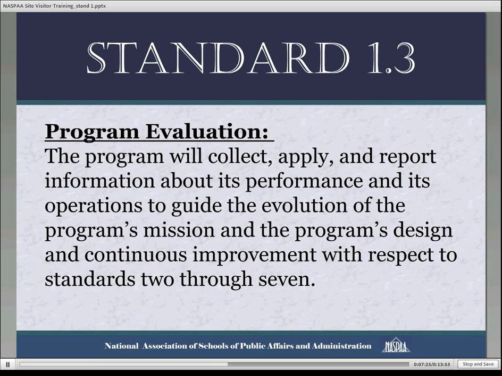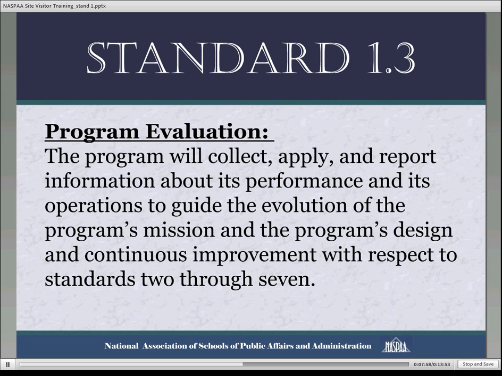Now, one of the things that's important is that you're not expecting to see in a self-study report, for example, that the program goes into excruciating detail about every improvement that it's made and the data it used to make that improvement. What you're looking for in standard 1 is an articulation of process, that it has a process in place for defining its strategy, developing its objectives and measures, and for using the information.